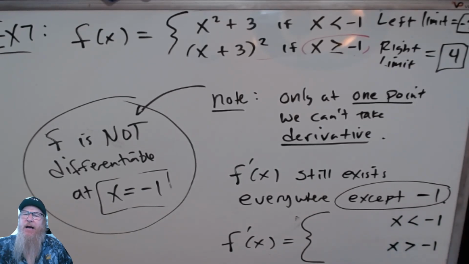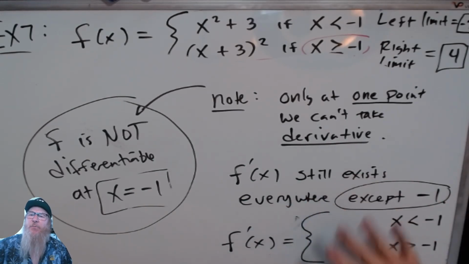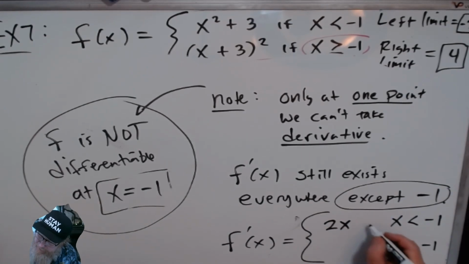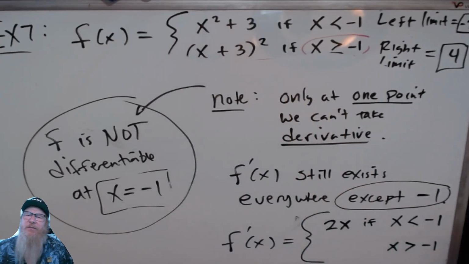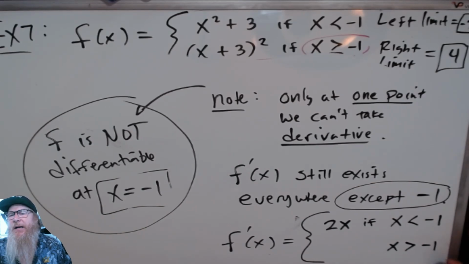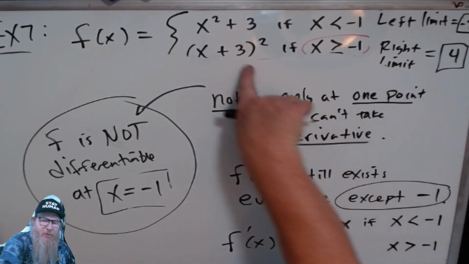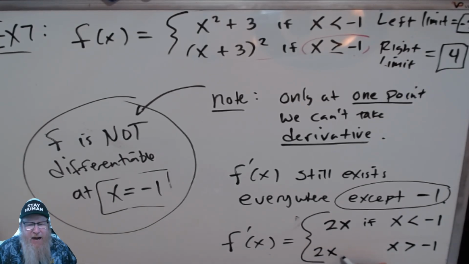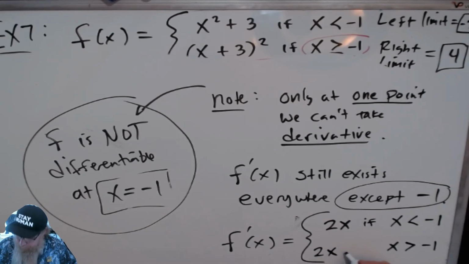Okay. And then just so that I can get this one off the board, I just want to tell you the result. The derivative of the first piece is just 2x, right? And I'll explain more about this in my next video, but I just want to get it out there. And the derivative of the second piece is 2x plus 6.